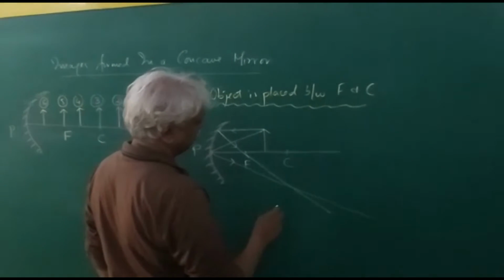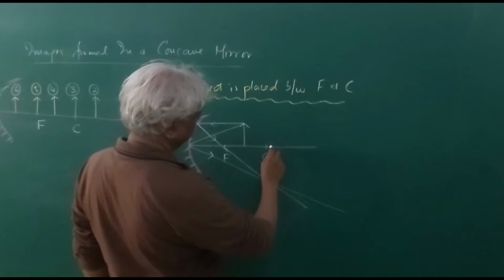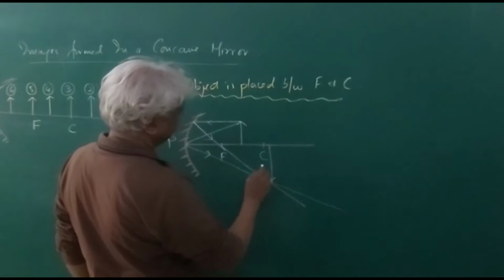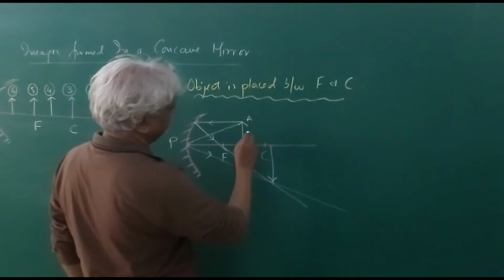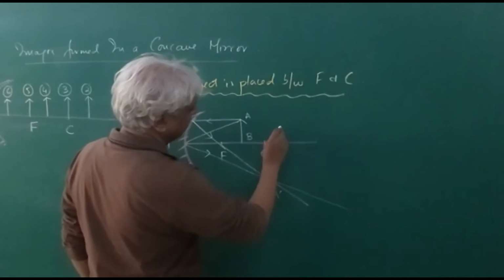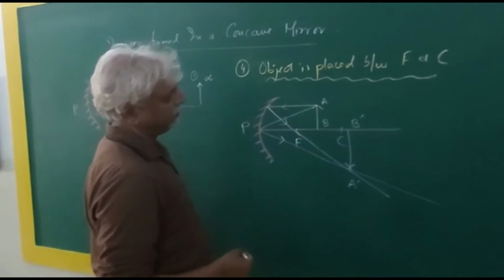And the image will form, you can see over here, beyond this. This is object AB, and your image is A dash B dash. As you can see, this is a magnified image, or a larger image.